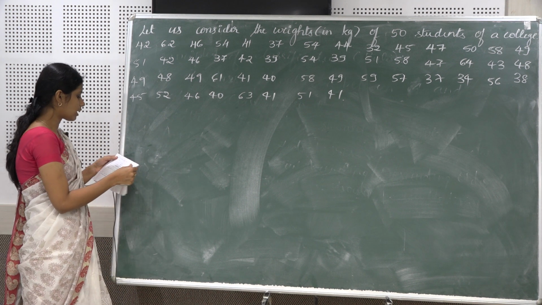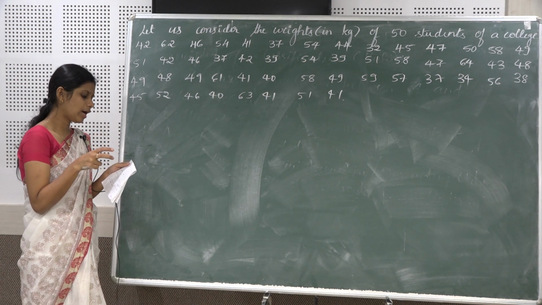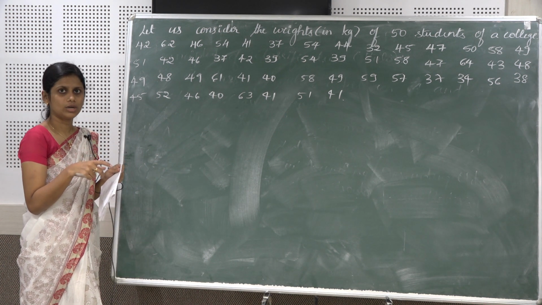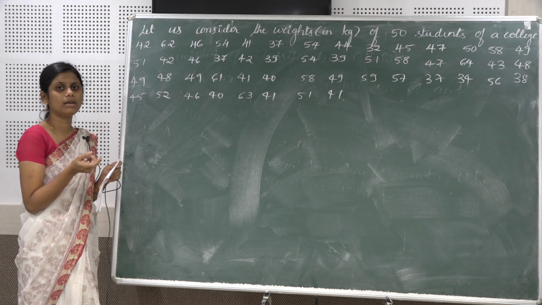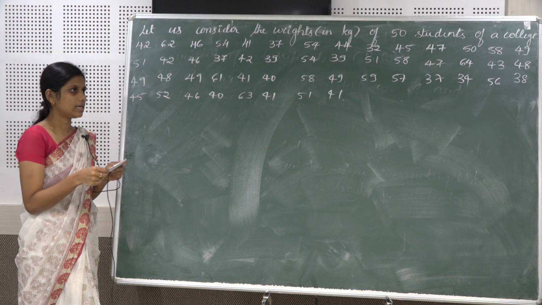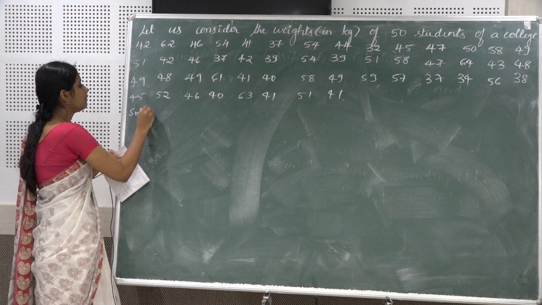For the number of classes, you have to apply Sturges' rule. Next, for the width of the classes, we apply the formula range divided by number of classes.